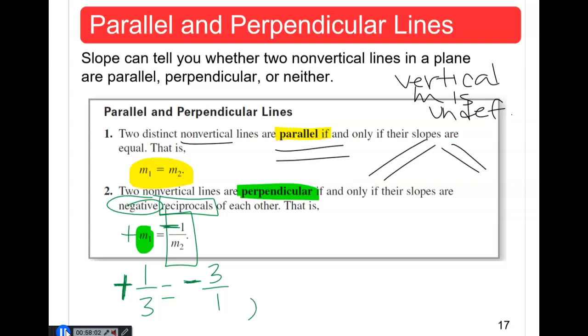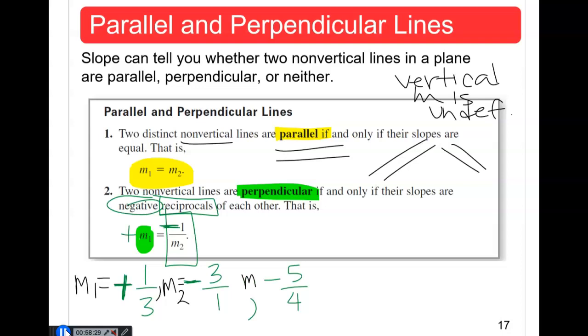If we had started with, let's say, -5/4, let's say this is m1 and this one here is m2.